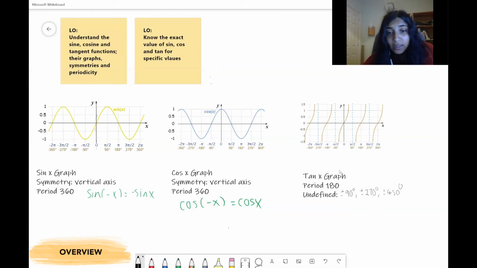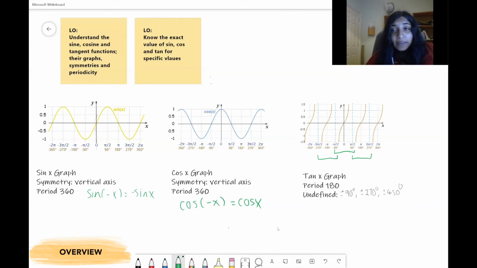So if you see here, between minus 90 and 90, this whole shape of the graph is repeated again between 90 and 270, and also between minus 90 and minus 270. So for every one of these 180 intervals, the graph just looks the same. So that means that this tan x graph has a period of 180 degrees. So this is just an overview of the three graphs and their main properties.